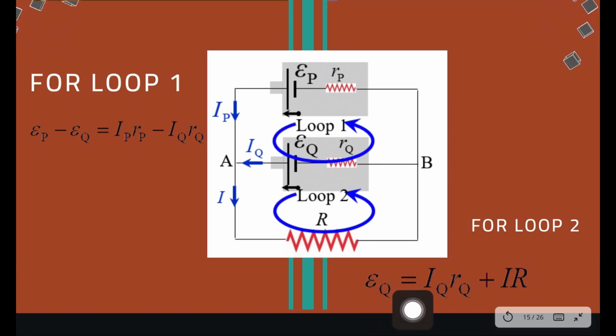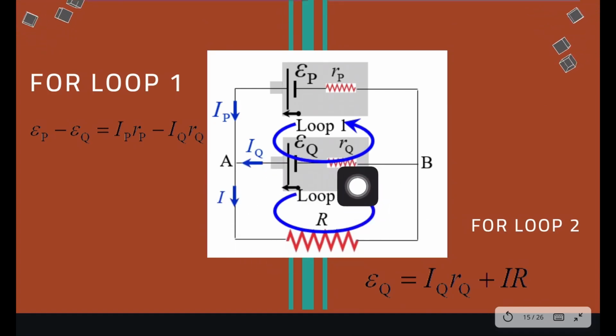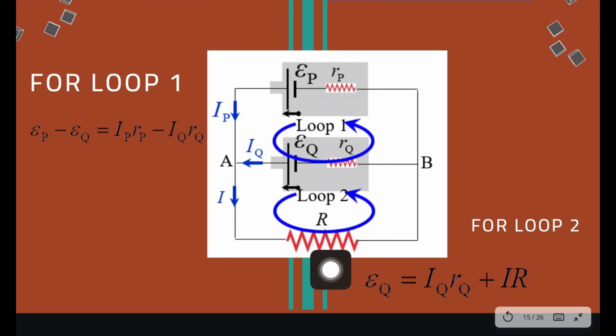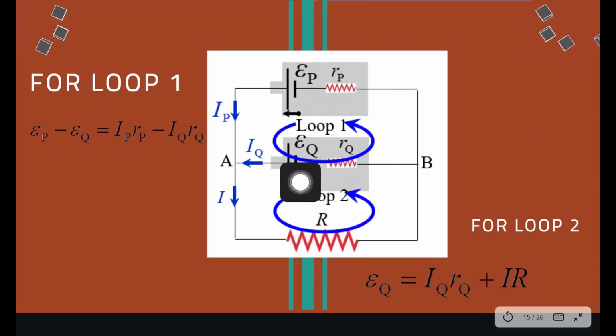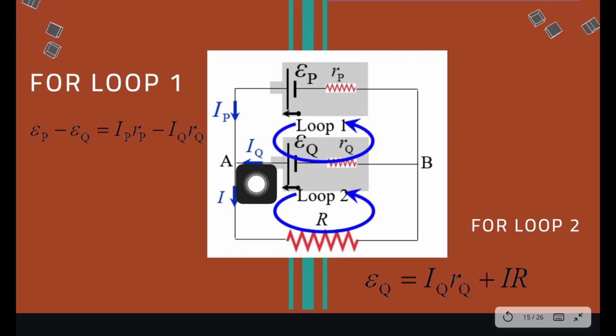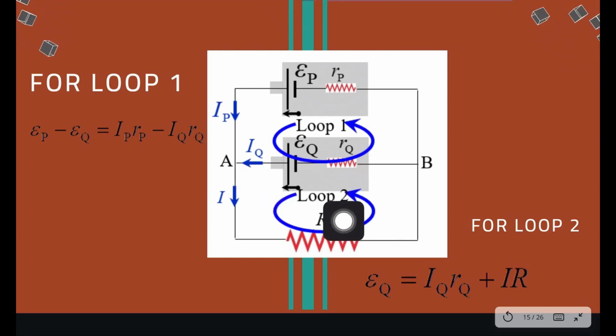Equals to, we have two resistors, RQ and R. We start with RQ first. The direction of IQ is to the left and it is in the same direction as the loop.